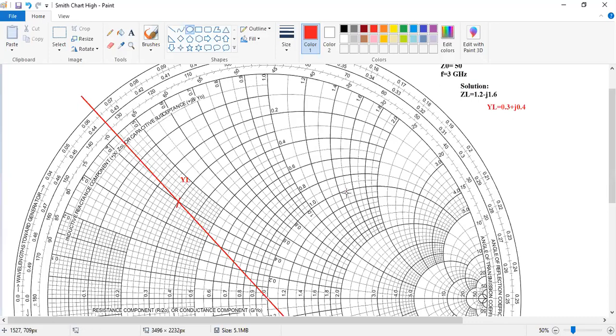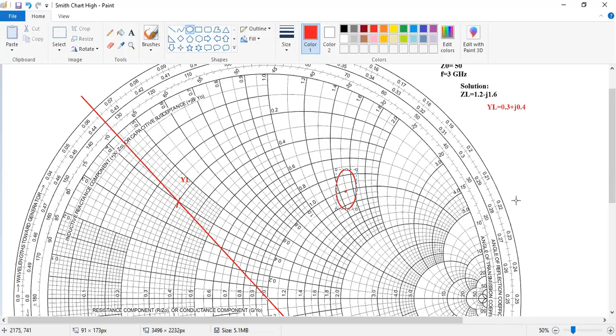So is it correct? Here I'll get somewhere 1.2, 1.3, 1.4, and this is 1.5. So approaching 1.5 here. So this point I'm getting. Is it correct?